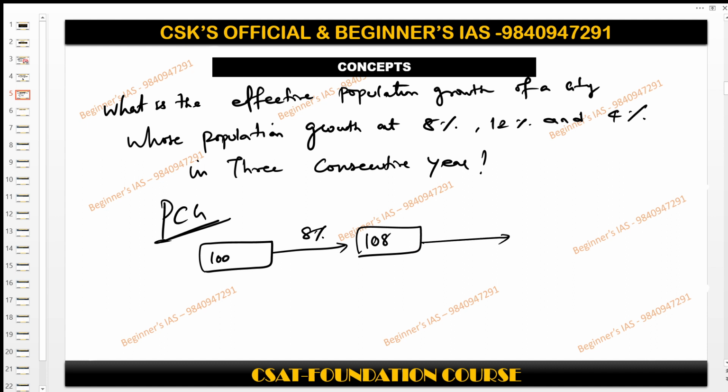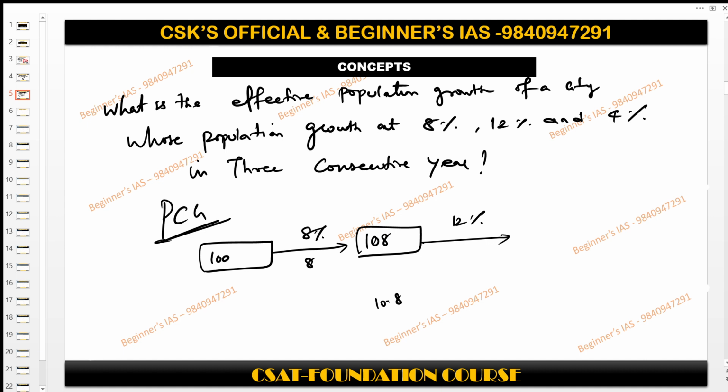Then 12 percentage means what will happen here? So 10 percentage is 10.8, right? Getting how to calculate? 8 percentage out of 100 means 8 here. So therefore 108 here.